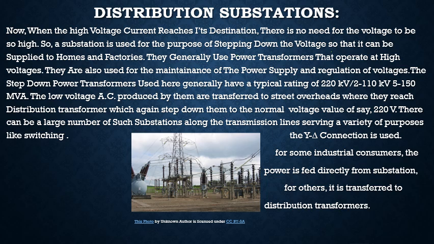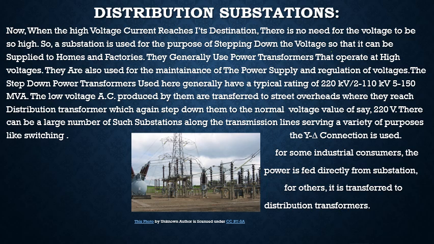The step down power transformers used here typically have a power rating of 220 kV to 110 kV and a volt ampere rating of 5 to 150 MVA. The low voltage AC produced by them is transferred to street overheads where it reaches the distribution transformer, which again steps it down to the normal voltage value of say 220 volt.